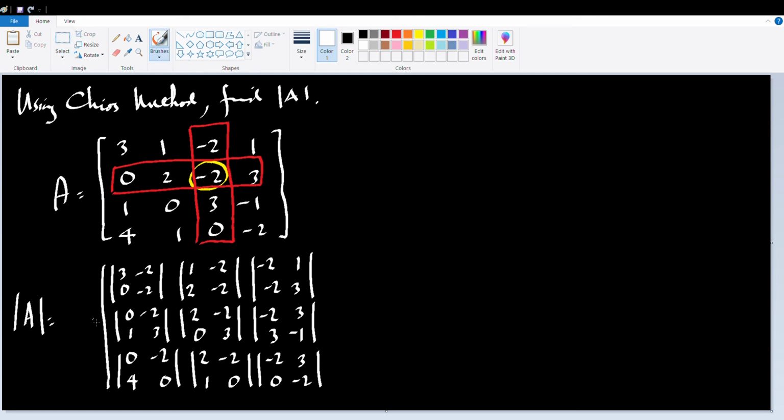It should be negative 2 raised to 2 minus n. It is a 4 by 4 matrix, so n is equal to 4. So 2 minus 4. So the determinant of A is equal to negative 2 to the negative 2, or 1 over negative 2 squared.